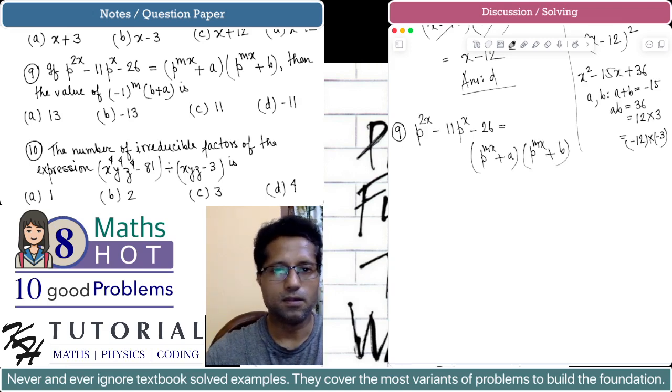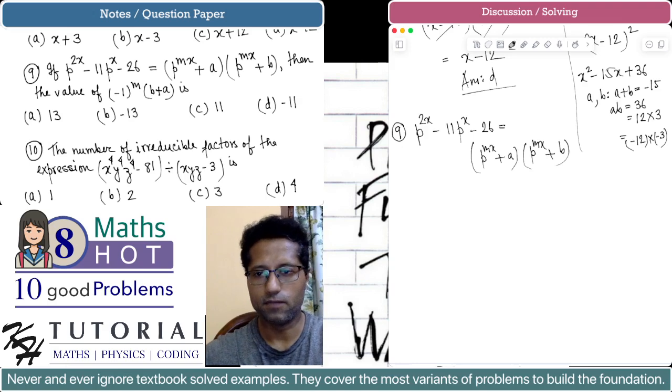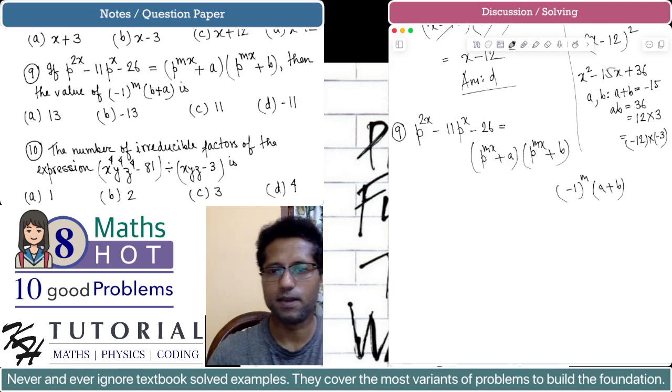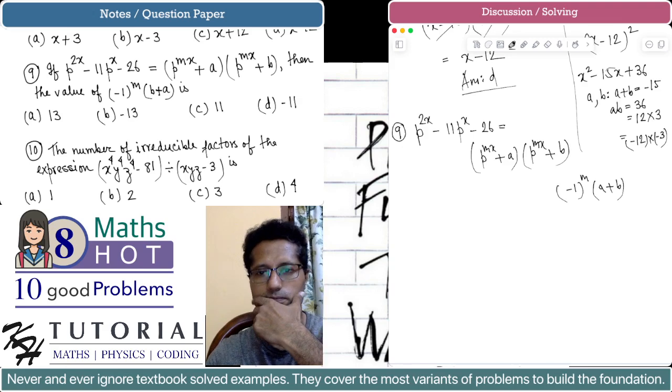Then we have to find the value of minus 1 to the power m multiplied by a plus b. So we have to find a, b and m from this given equation.